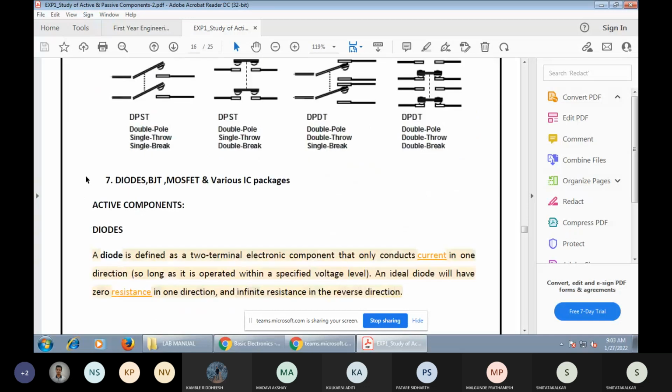Then next one, diode, BJT, MOSFET, and the various IC packages are active components. Before starting the active devices, students, you should understand all the passive devices like resistor, capacitor, inductor, connectors, transformer, switches.